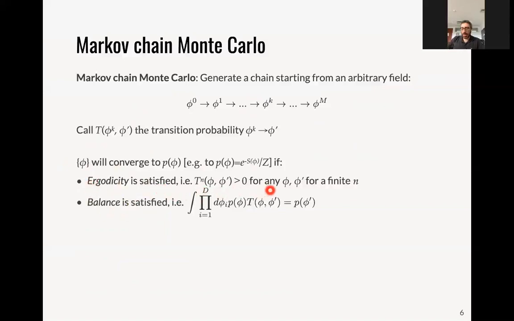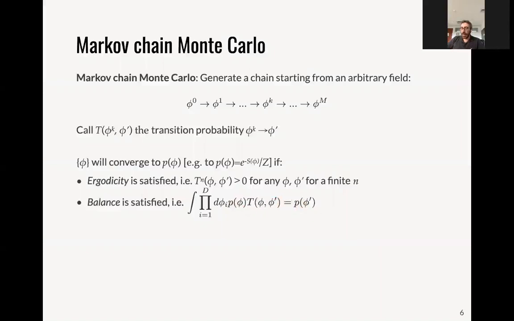The first is ergodicity, which basically says that in a finite number of steps you can go from any field to any other field. So if you apply this transition n times, for finite n, you can get from any field to any field. But also that detailed balance is satisfied, which basically means that this transition is symmetric under the probability.